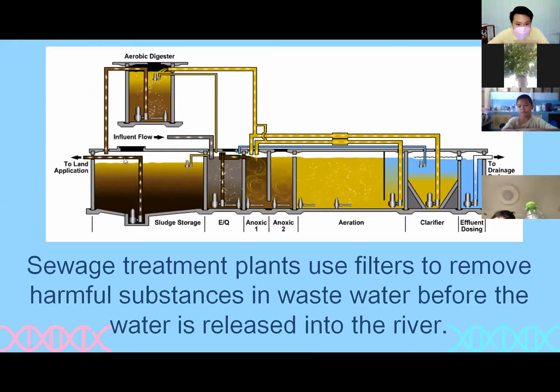The poo-poo goes here and then transfers here, goes here, get the gas, go out the gas here, and then after that, clearing the water, and then still clearing the water, and then the harmful substances will go out or stay here, and then after that, the clean water can go out to the drainage beds or can go to the river.